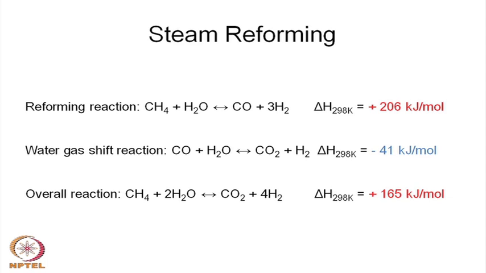Of course, you need some catalysts and so on, we are not discussing that at this point of time, but the methane and H2O generate carbon monoxide and hydrogen, both of which are combustible gases and have some energy associated with them.